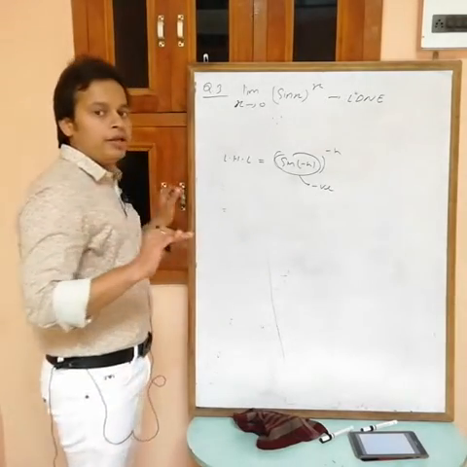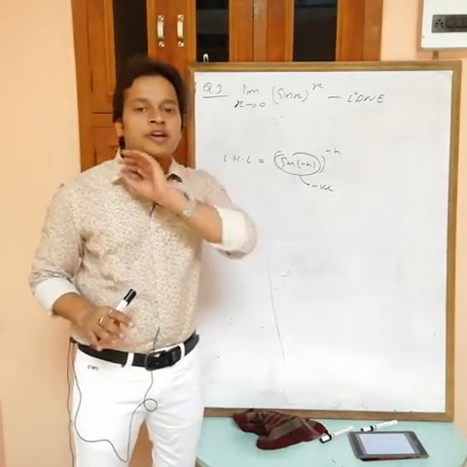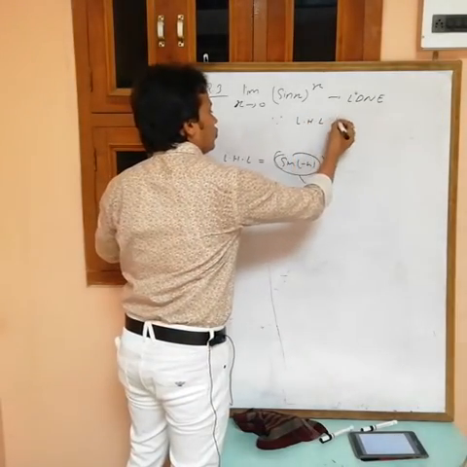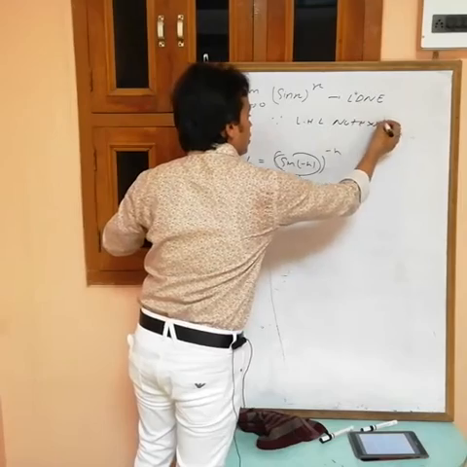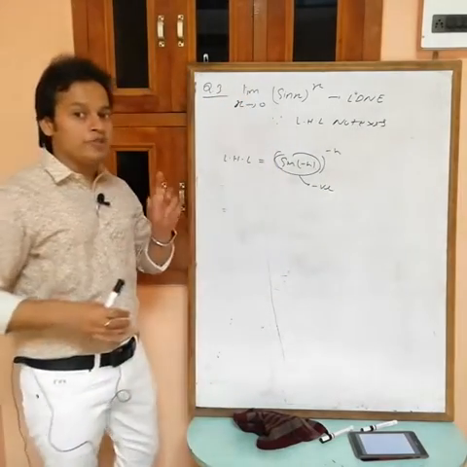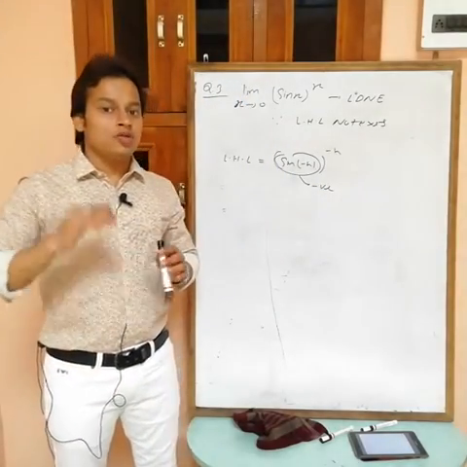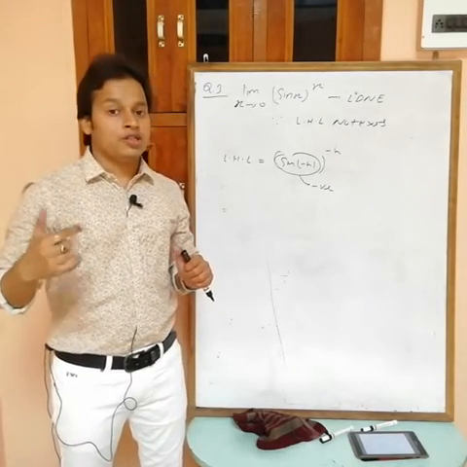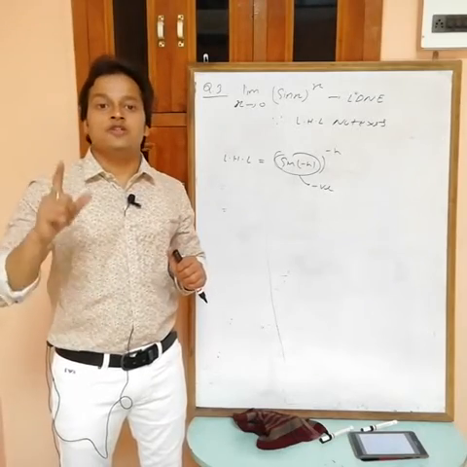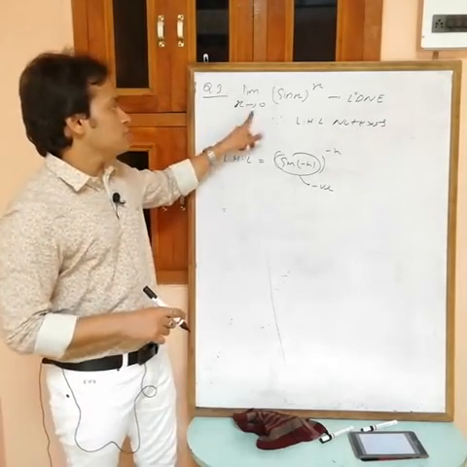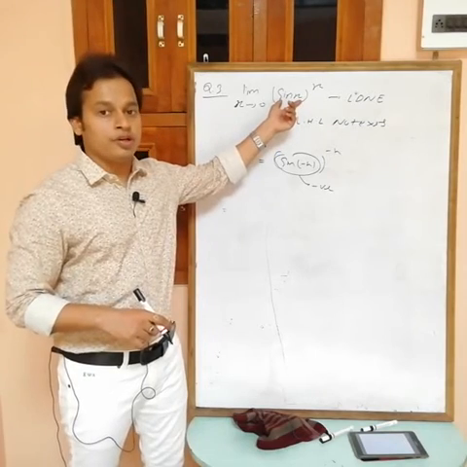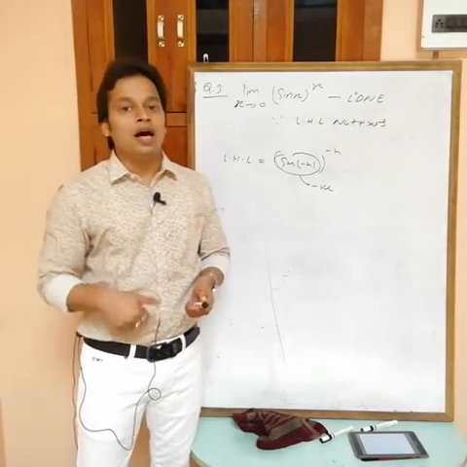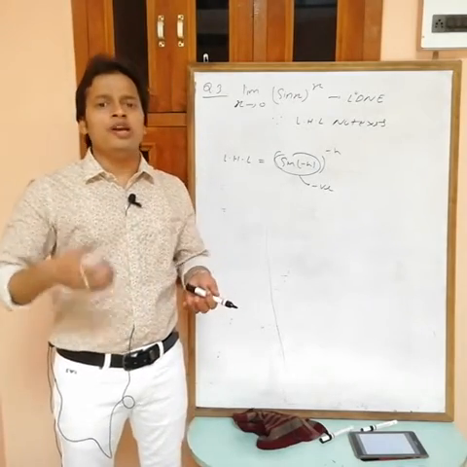Okay, and in f(x) power g(x), f(x) can't be negative, because the LHL does not exist, and he is saying that x tending to 0, it means both must be defined. If he is saying that only x tending to 0 plus, it means we have to find only RHL, but x tending to 0, it means 0 plus and 0 minus both must be defined. And if x is negative, then sin x is also negative. Then function is not defined. Because limit is also value of the function. If function is not defined, how can you find the value?